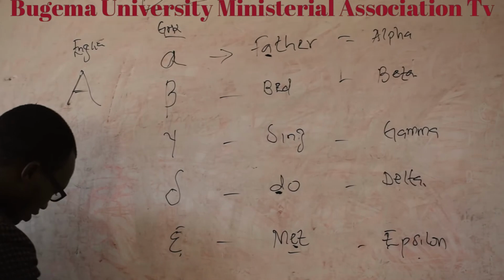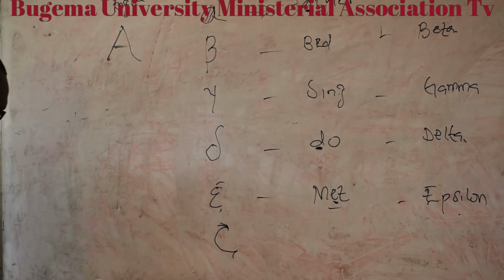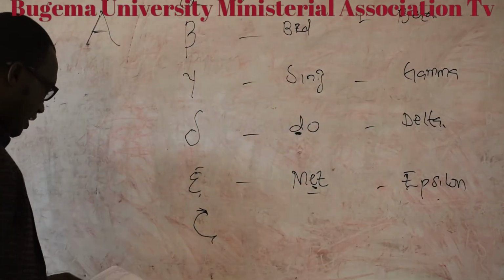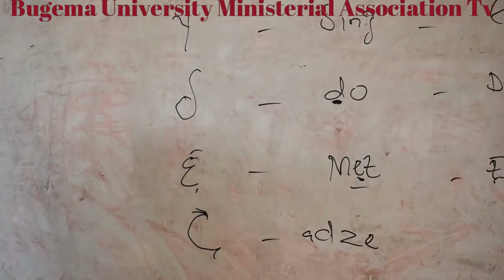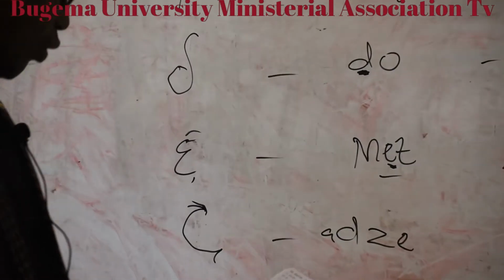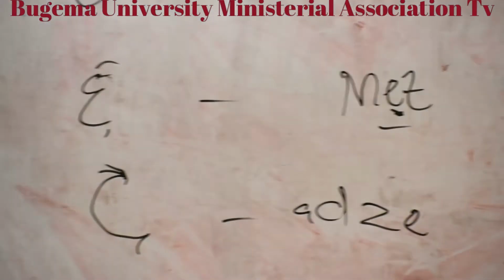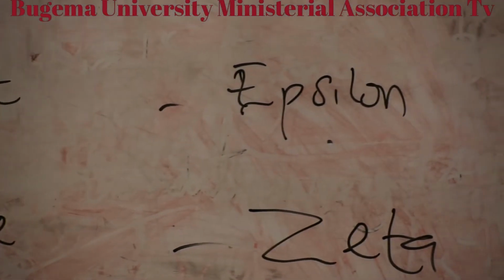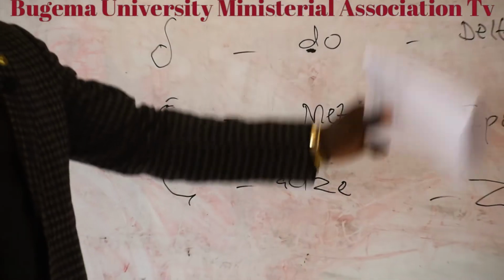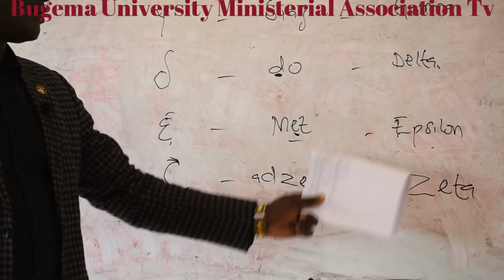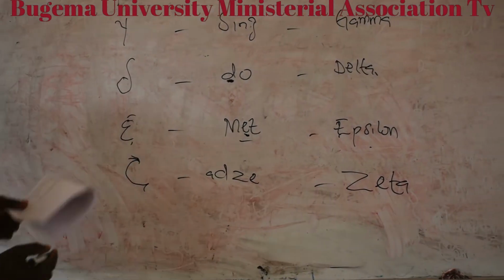We have another one which appears like this. That one is actually pronounced as zed, but in the Greek, the way you are going to pronounce it is zeta. So in case you are told to pronounce the Greek alphabets, you will have to mention alpha, beta, gamma, delta, epsilon, zeta, and then the next one is known as eta.